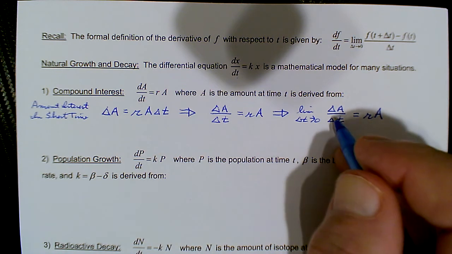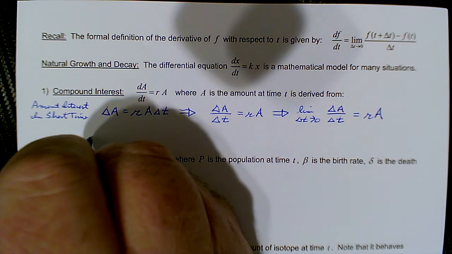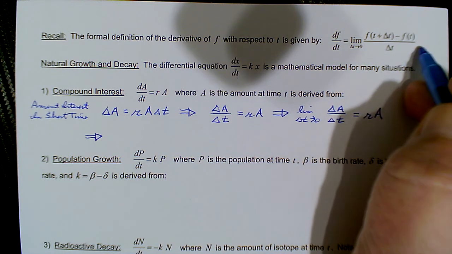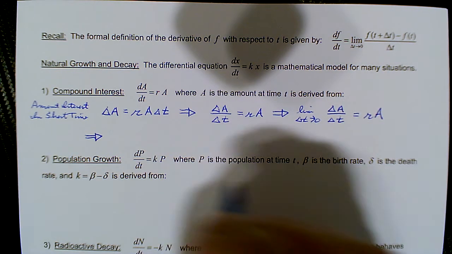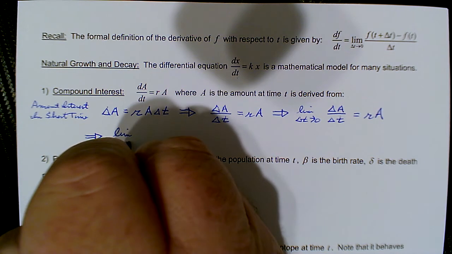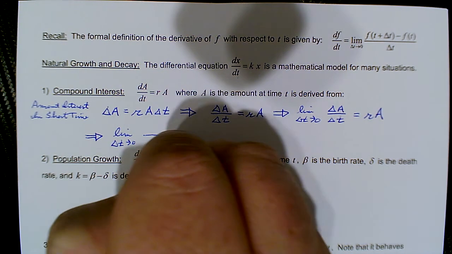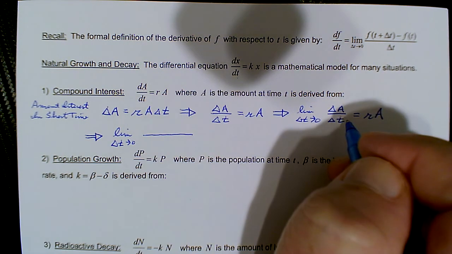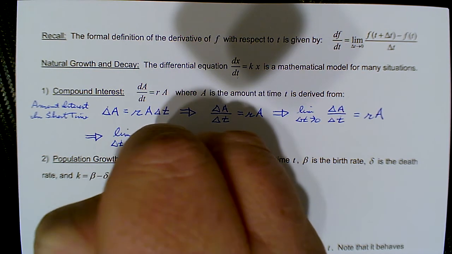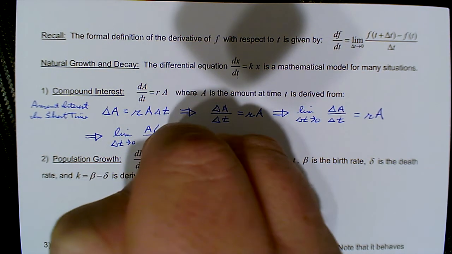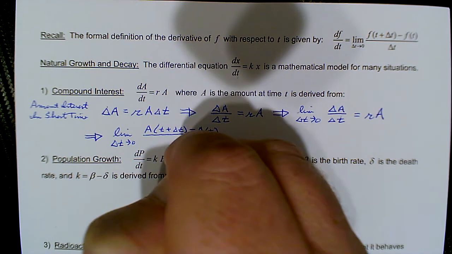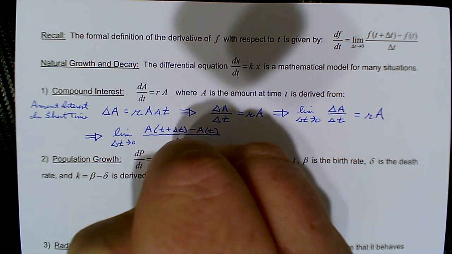But this delta A over delta t is actually this portion of our derivative, which we call the difference quotient, because delta A would be the change in the amount, so that is the amount at the initial time plus that extra short interval minus the amount at the initial time, over delta t.